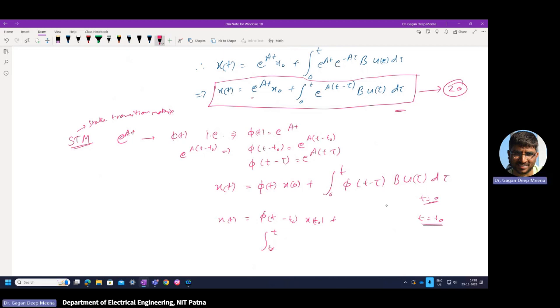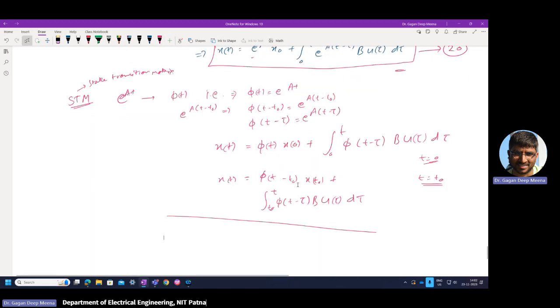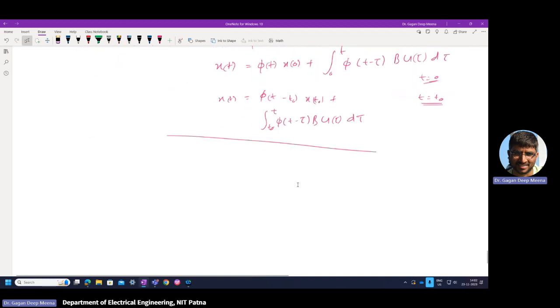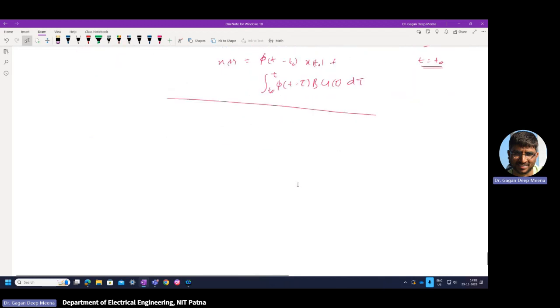Here it was 0, right? Here it is t0. So this is your general solution and general representation in terms of phi of t, the state transition matrix.